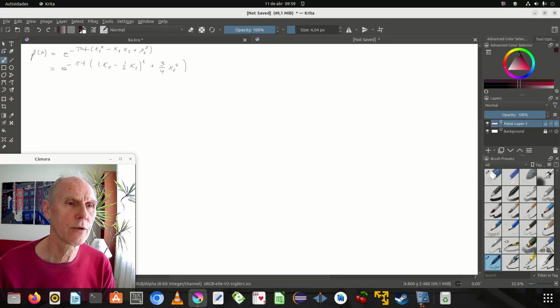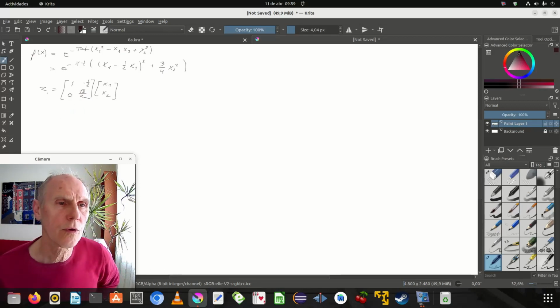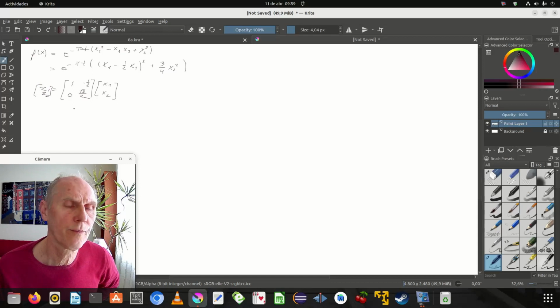Let's do it as a matrix. So Z equals (1, minus 1/2; naught, square root 3/2) times Z1 point Z2.